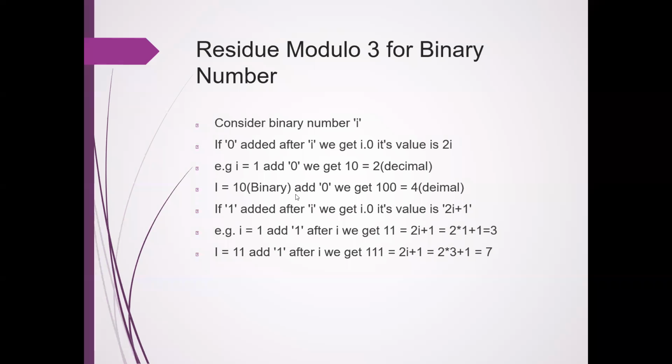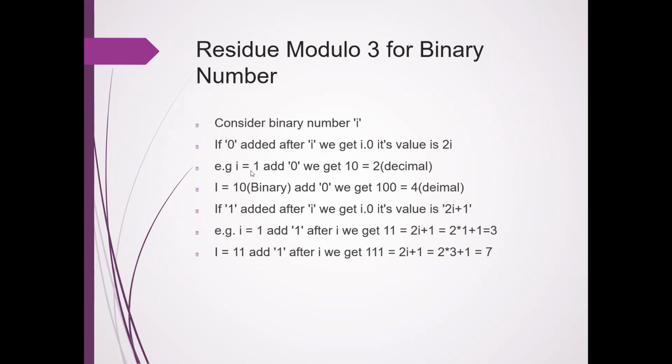Assume that we have I as a binary number. If you add 0 after I, you get I0, and its value becomes 2I. It means it becomes double.